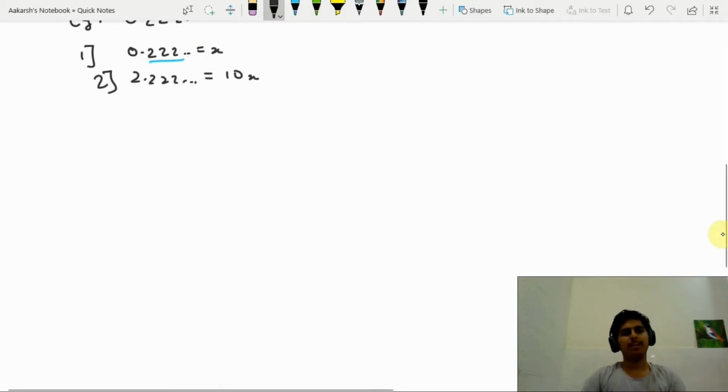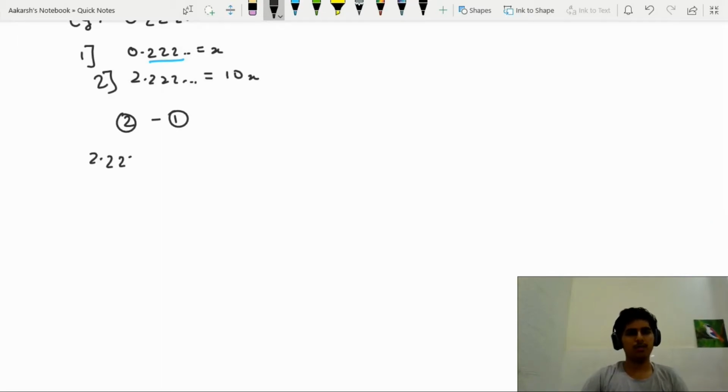Now when I subtract equation 1 from equation 2, what do I get? I get 2.222 recurring minus 0.222 recurring, that is equal to 10x minus x. So these recurring decimals get cancelled by these recurring decimals.